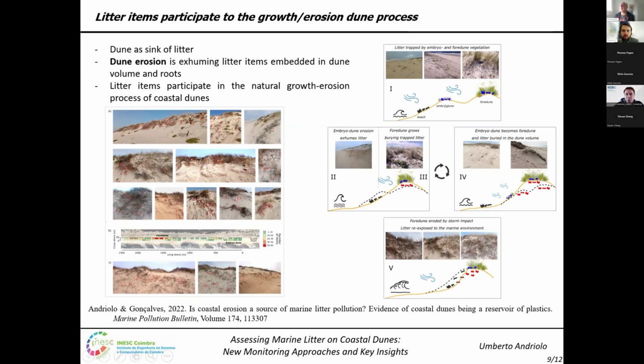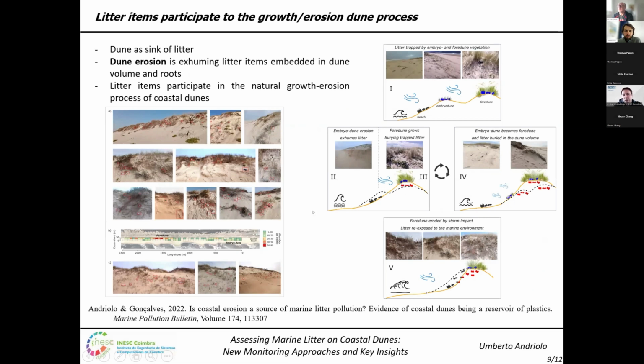The vegetation in the embryo dune usually traps some litter. If the embryo dune becomes a foredune, the litter gets buried in the dune volume. After the impact of sea level or dune erosion, the litter is then re-exposed to the marine environment.